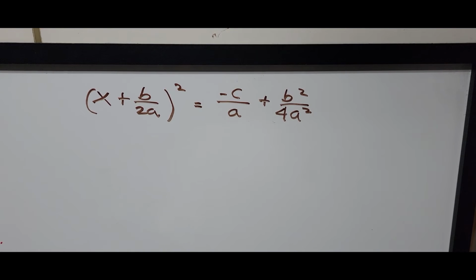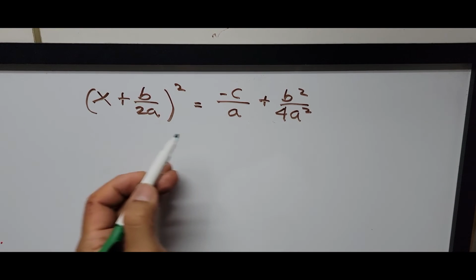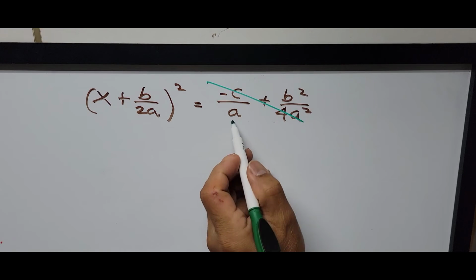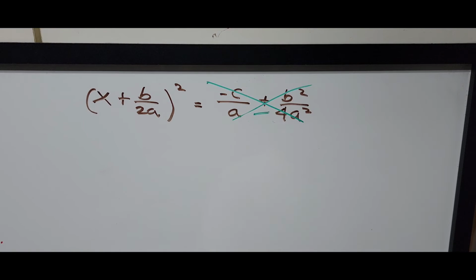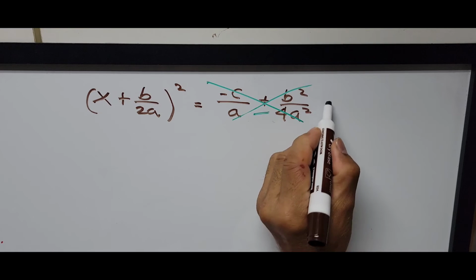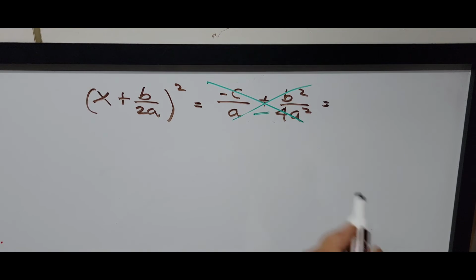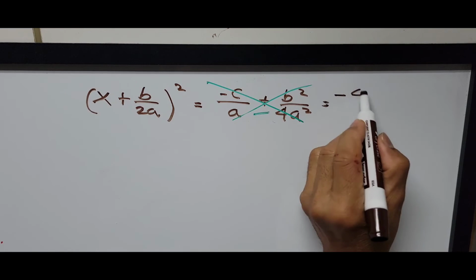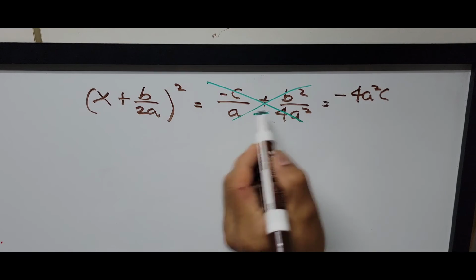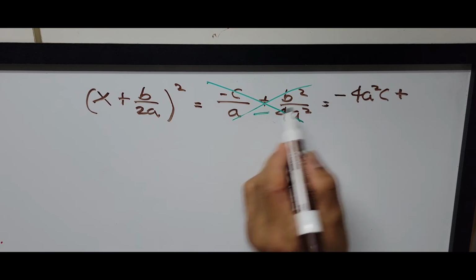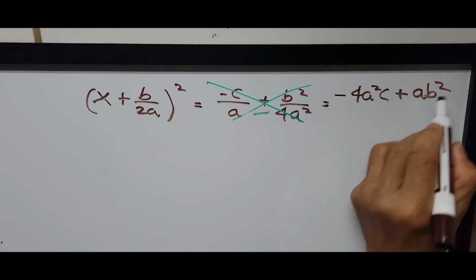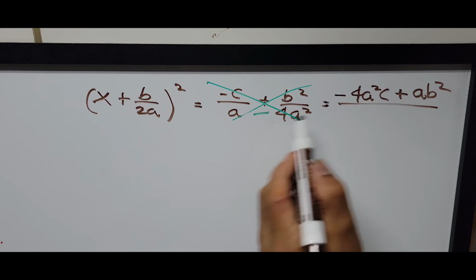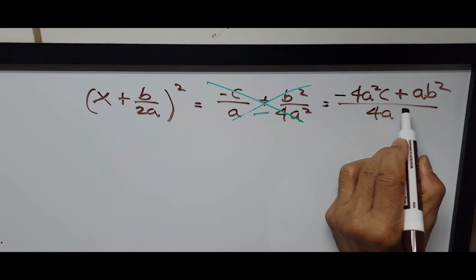Now let's simplify the right term of the equation. I will do the butterfly method, crisscross multiplication. That comes out to minus 4a squared c plus a b squared, divided by 4a cubed, since 4a squared times a is 4a cubed.